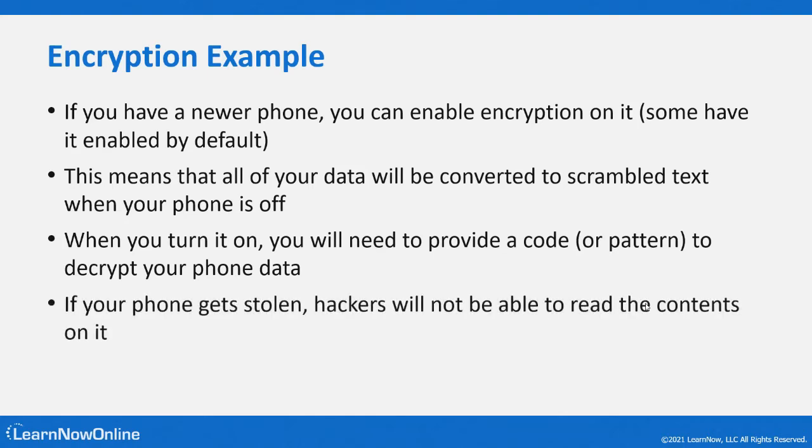If your phone gets stolen, hackers will not actually be able to read the contents on your phone. They may be able to plug it into their computer, but when they try to turn it on and view the contents, everything is going to be encrypted. They won't be able to read your contacts, your messages, or anything else that you have saved. This is if you have encryption enabled.